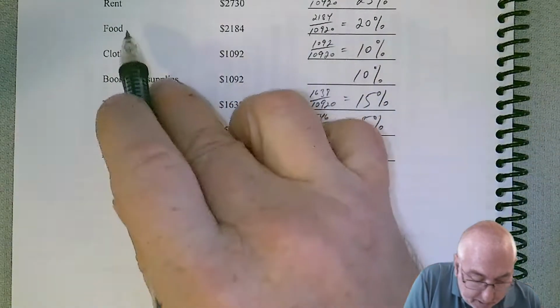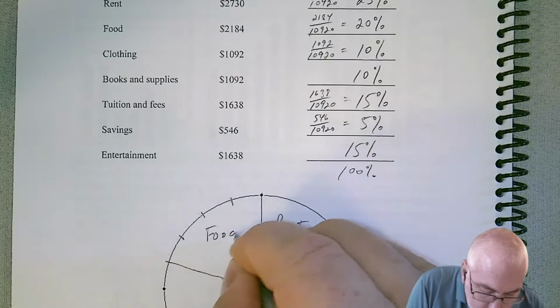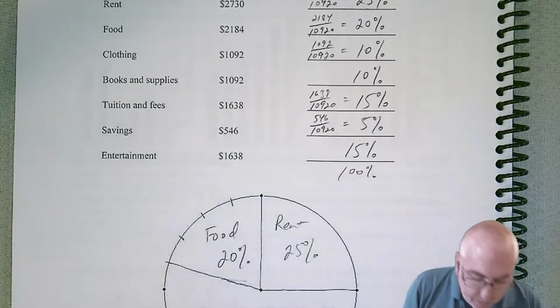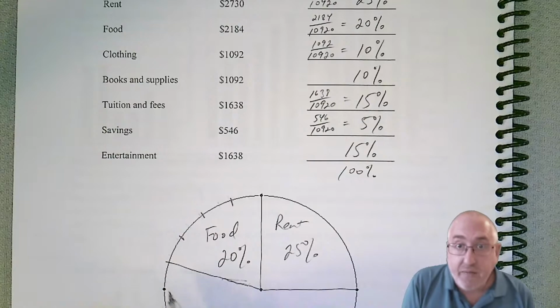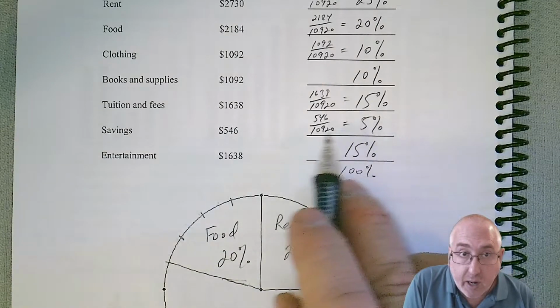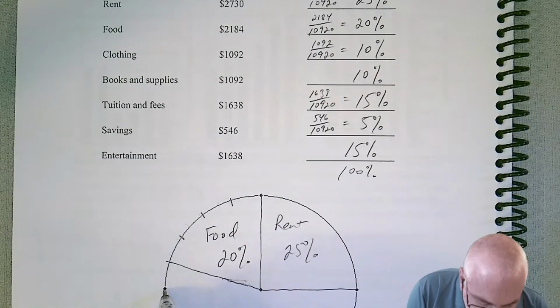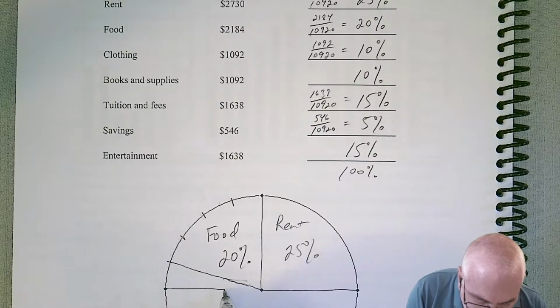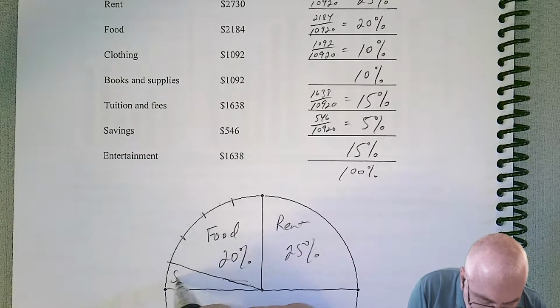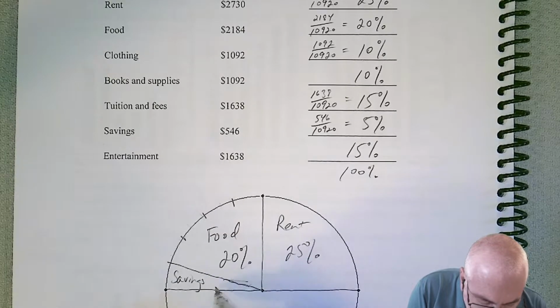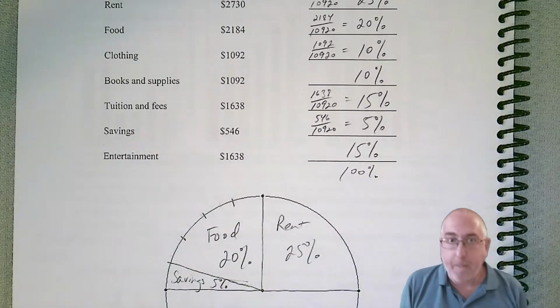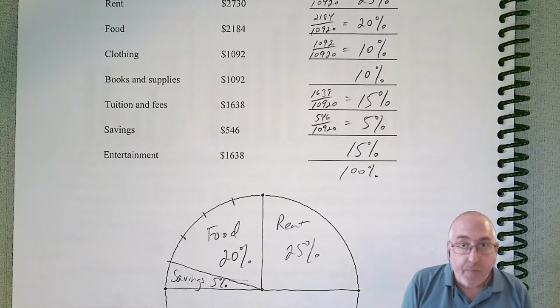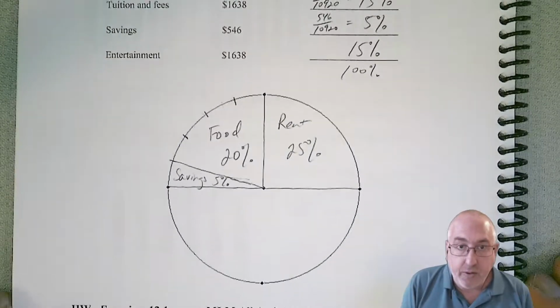And so now that would be food, and that would be 20%. Now, I do have a remaining 5% here, so I could take care of the savings. So the savings, I could just squeeze that in there and label that with 5%. And so now I got half of the pie filled in.